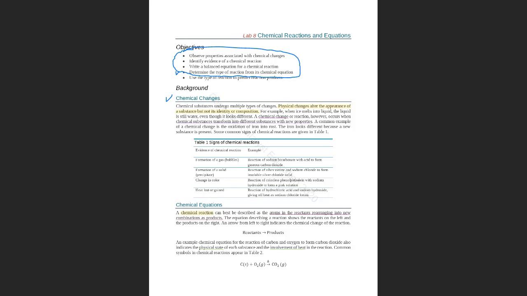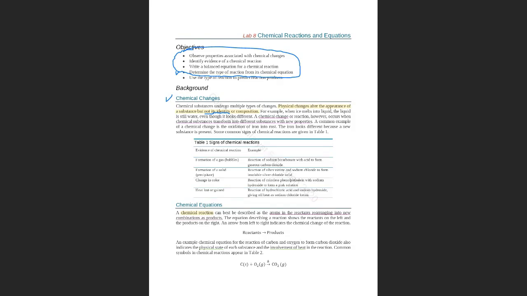Last week, in the previous workshop, we saw that physical changes alter the appearance of a substance, but not its identity. What does it mean? They give us the example of water. We boil water and we see the water vapor. It looks different than the liquid water, but it's only a change in physical state.